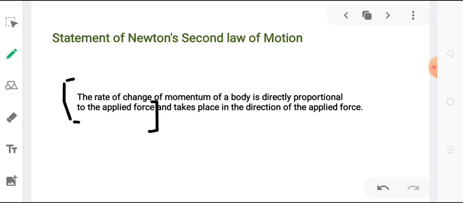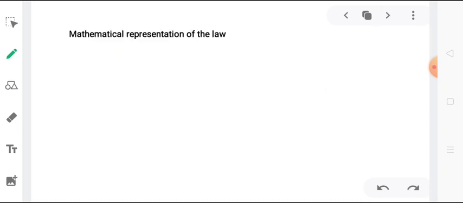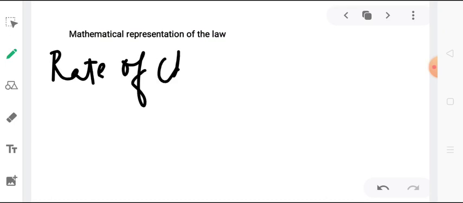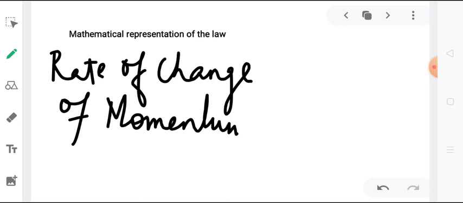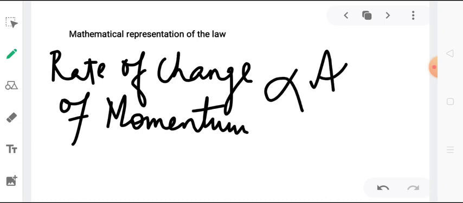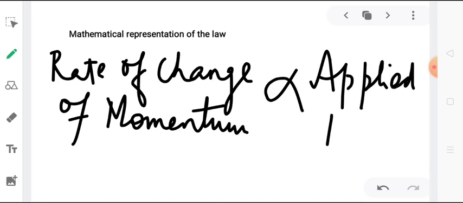The rate of change of momentum of a body is directly proportional to the applied force.